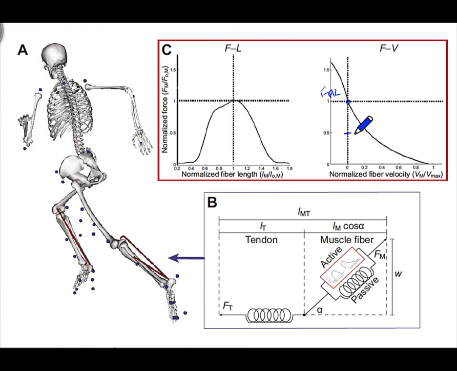But then if we have now changed the situation and add a shortening contraction, say at 0.2 relative to its max, 20% of its max shortening, we would need to produce that same amount of force. It would put us here, right? But our peak capacity at that velocity is now just above that 50% point. So we would need about 90% neural drive, just guesstimating, to get to that same force that we got to with 50% neural drive at an isometric contraction.